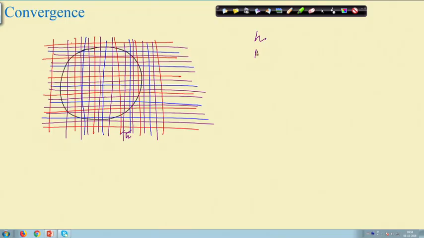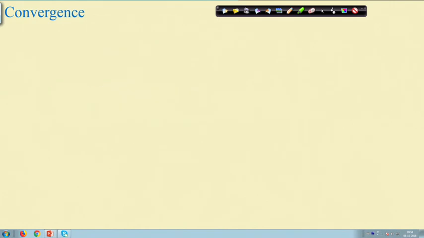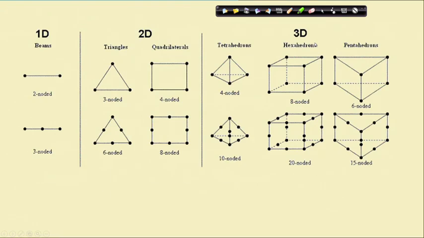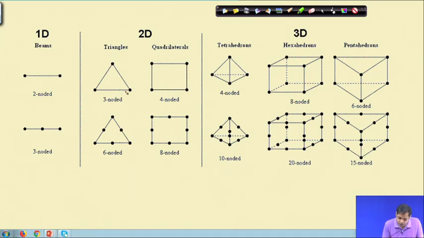Now, you can have another convergence which is called P-convergence. What is it? Now you go back to this set of elements. You see what happened in this case? If you recall, in this case your displacement field was linear.